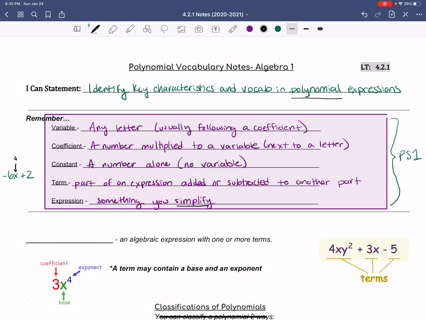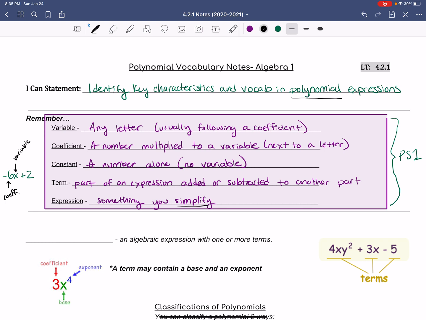That's our letter. All right, our next recap vocab is coefficient, a number multiplied to a variable or the number next to the variable. So in this case, negative 6 would be our coefficient. It is being multiplied to x.